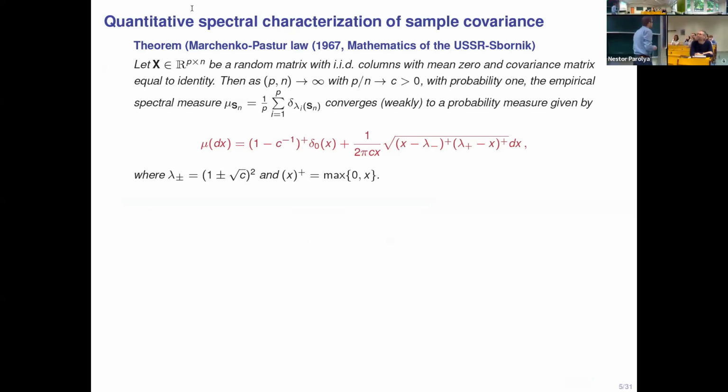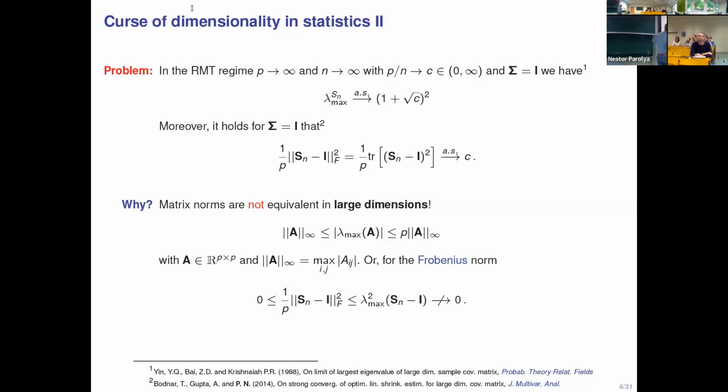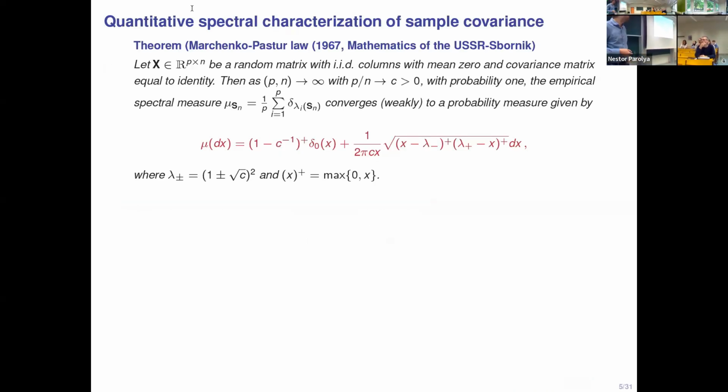It's known that even so, it's not converging. You see, there is a specific pattern. It's converging to something dependent on c, and you can show it; it was first shown by Marchenko-Pastur in 1967.